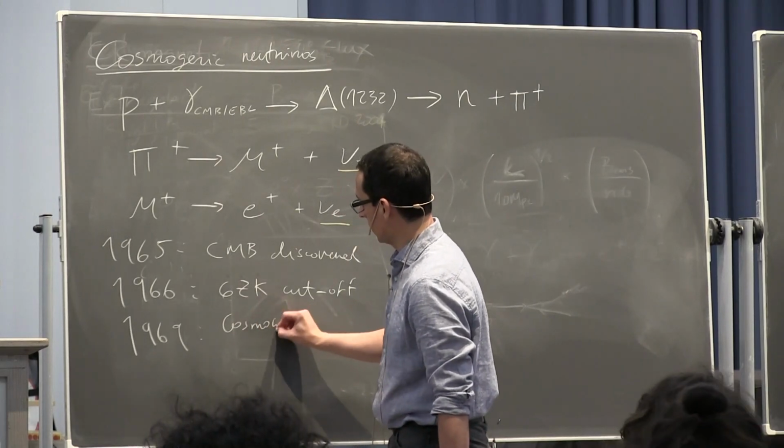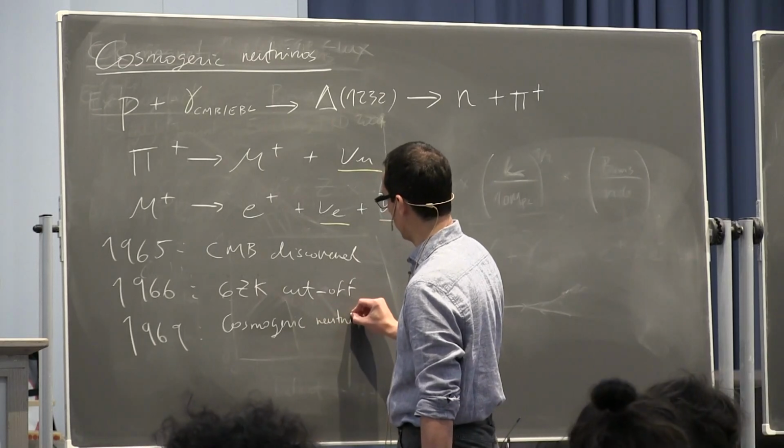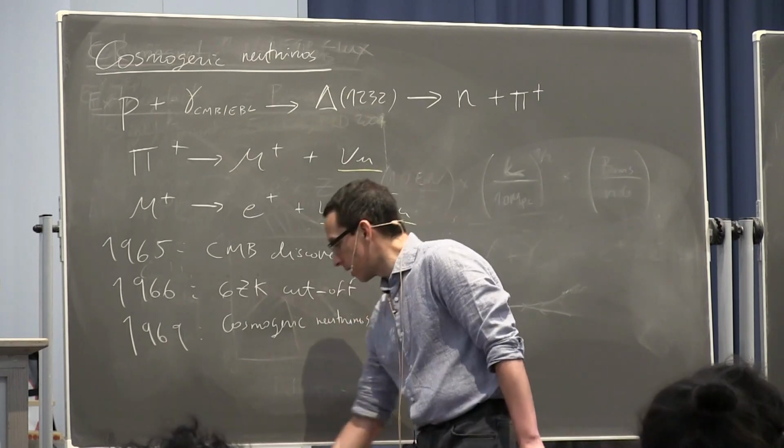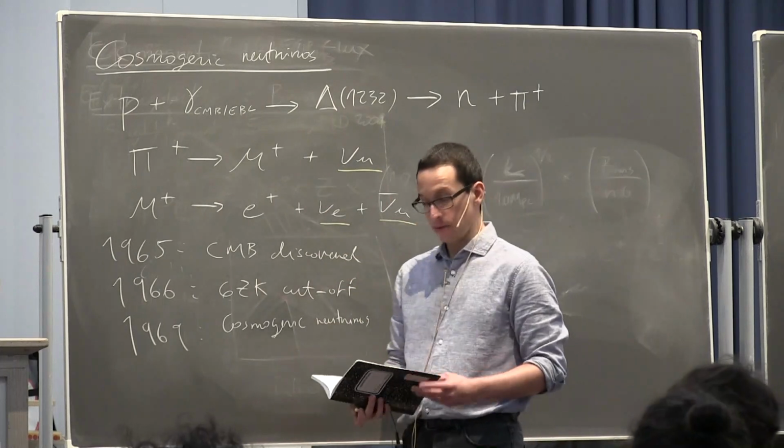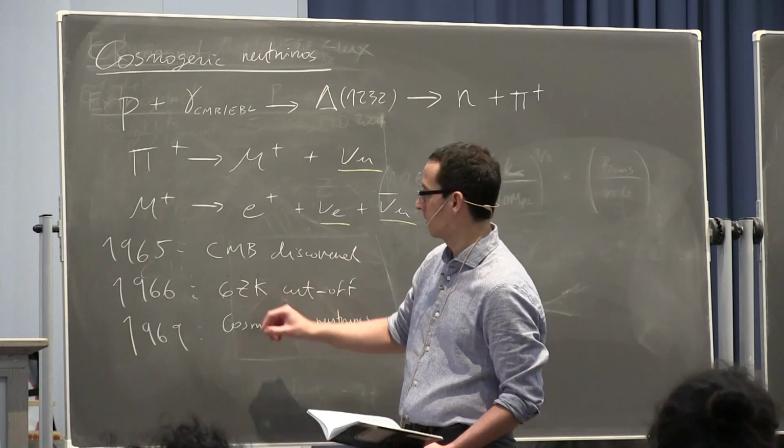So in 1969, cosmogenic neutrinos were proposed, and the people that thought about this for the first time were Berezinsky and Zatsepin, the same Zatsepin as here.